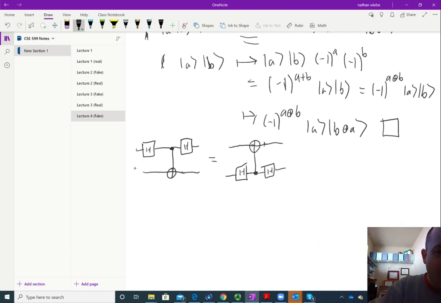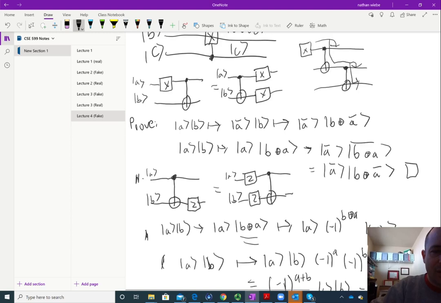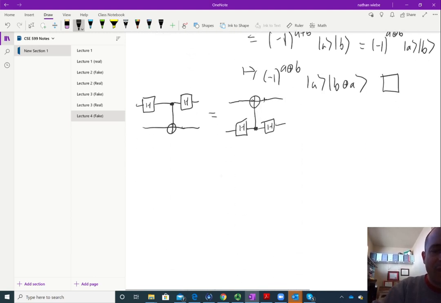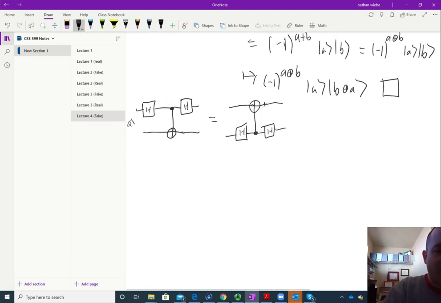And this intermediate property, I probably should have labeled these, let's call this A over here. And property B that we'll need is, it turns out that the following is true: if we do a controlled Z operation going up, this is equal to a controlled Z operation going down.